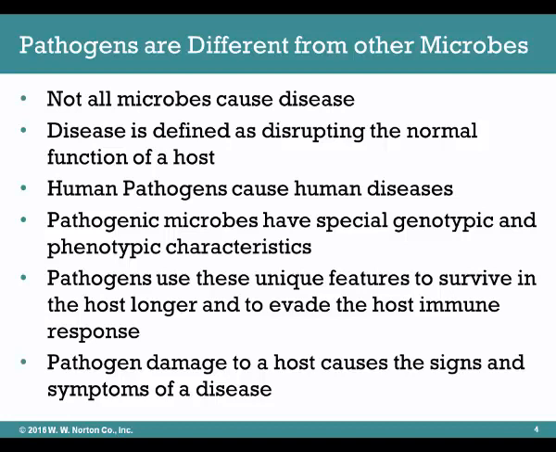So these structural features and metabolic features that pathogens have are all based in their genetic composition. They have a different set of genes or an additional set of genes that make them different from microbes that can't cause disease.